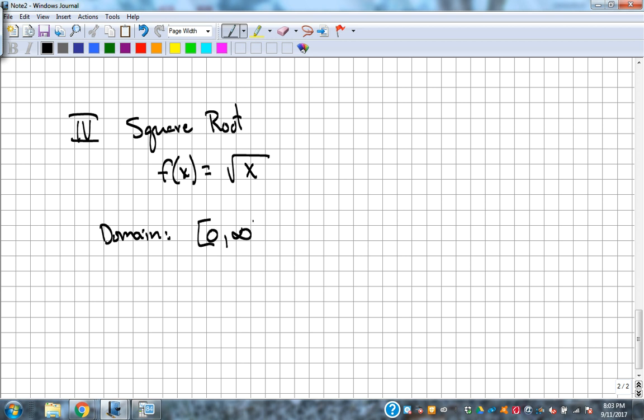This one starts at 0, goes to infinity. The range does the exact same thing. Starts at 0, goes to infinity.